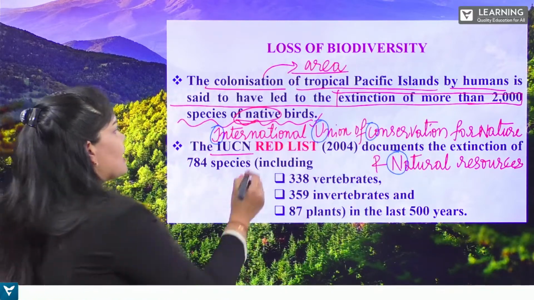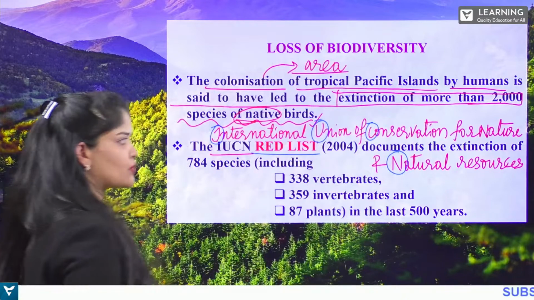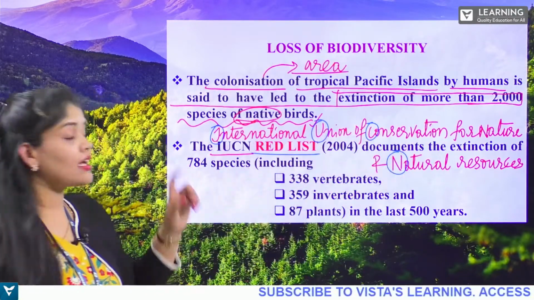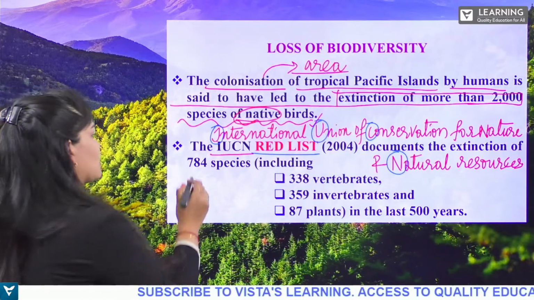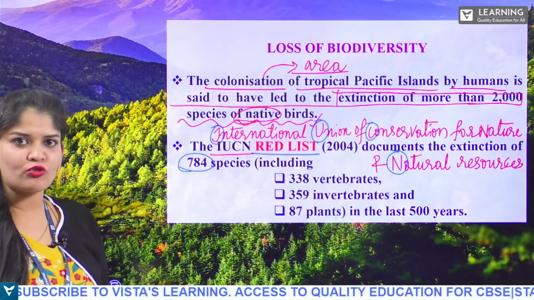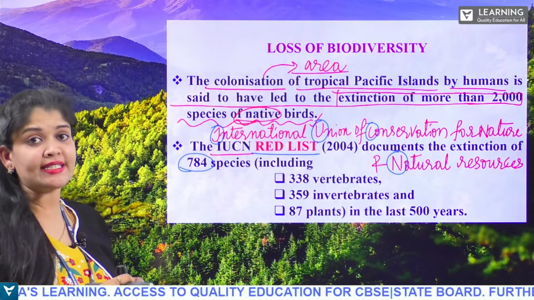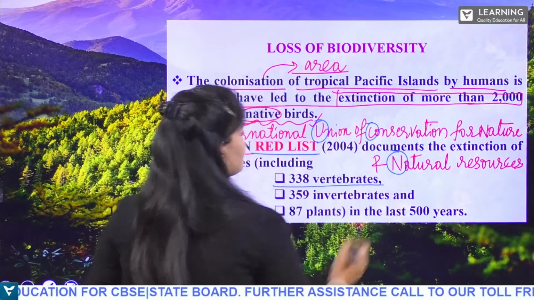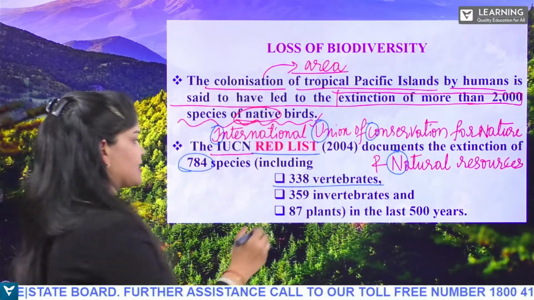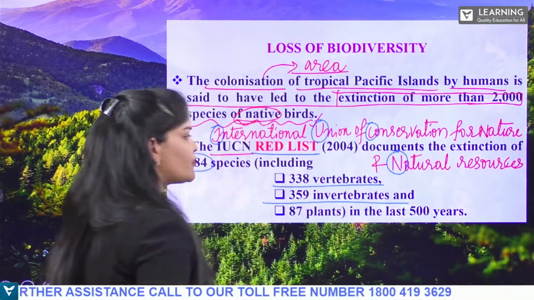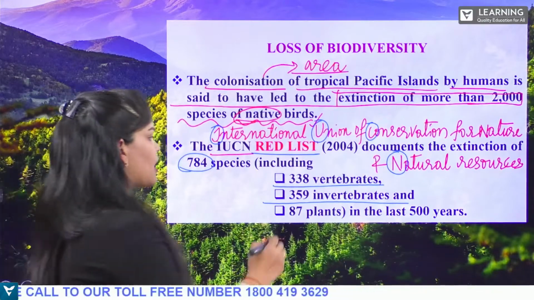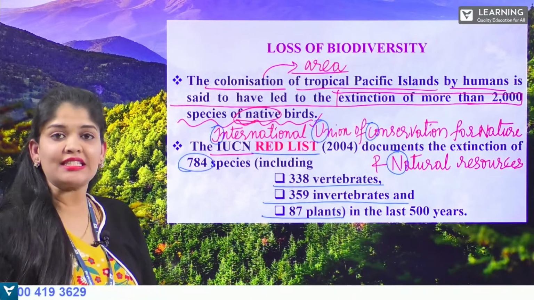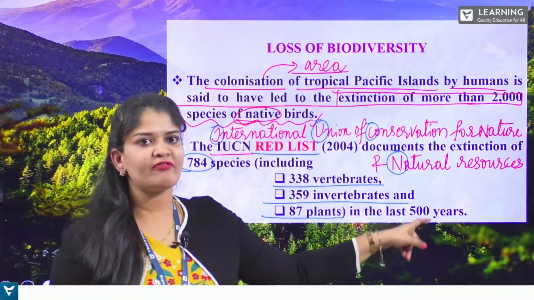According to the Red List 2004 document, there has been the extinction of about 784 species, which includes 338 vertebrates, 359 invertebrates, and 87 plants that have become extinct in the last 500 years.